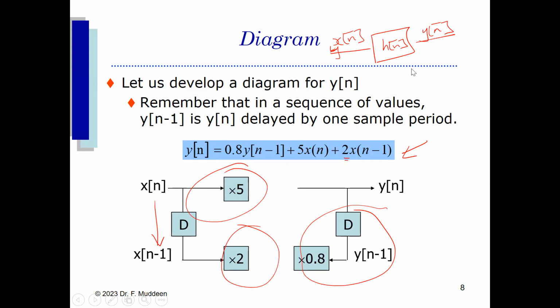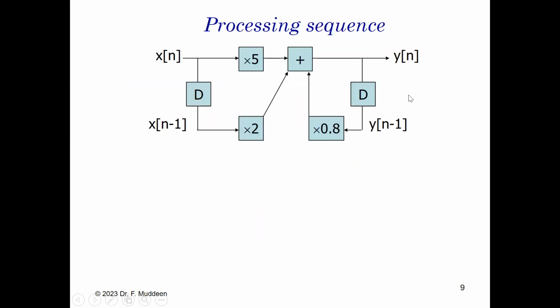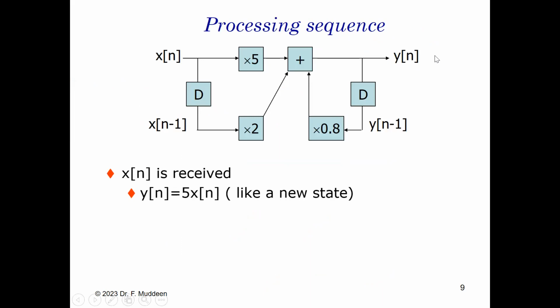So how the system works is basically like this. The first value of the input comes in, then is multiplied by 5. We don't have anything else, so the first value of y[n] goes out, which is simply 5x[n].